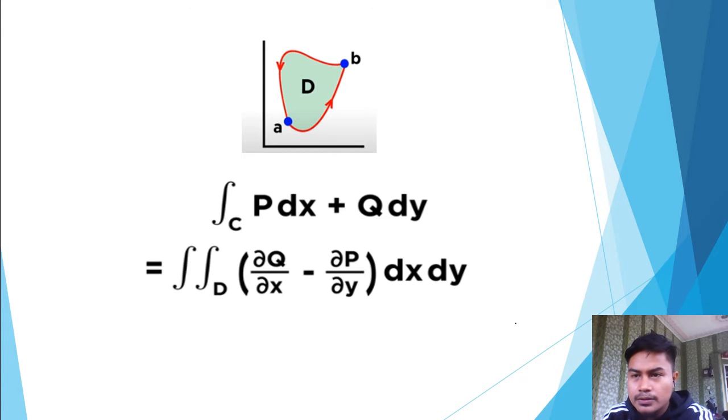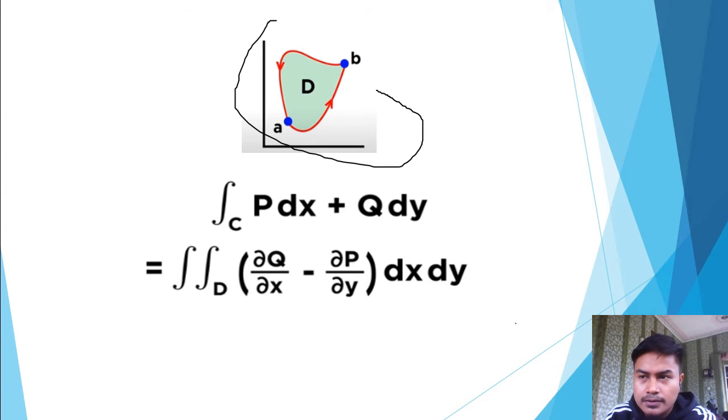However, a special theorem exists for closed curves, that is, curves that form a complete loop and enclose an area which we will label D. This is D. For this case, the line integral over C of P dx plus Q dy ends up being equal to the double integral over the domain D of dQ/dx minus dP/dy dx dy.